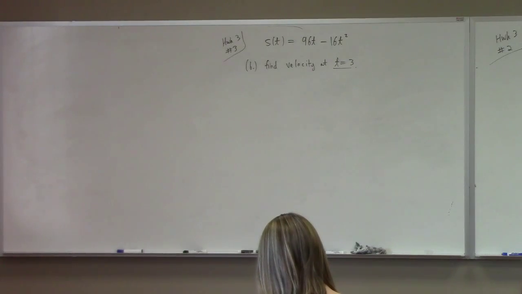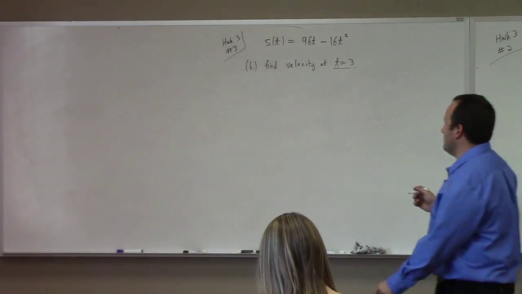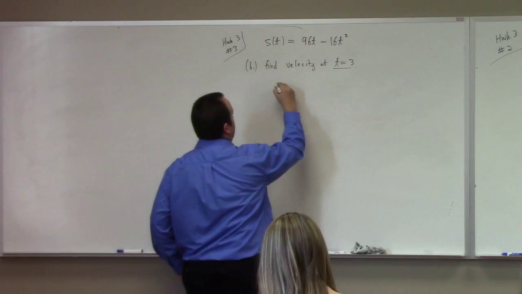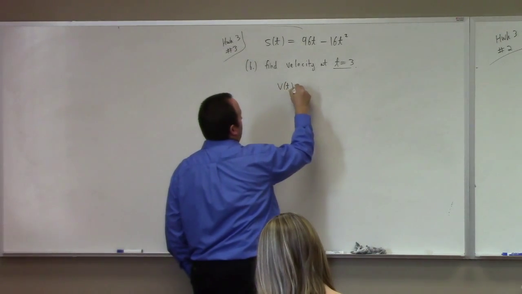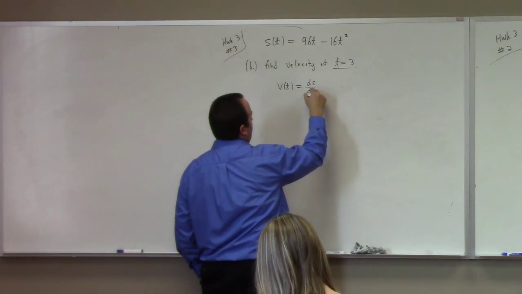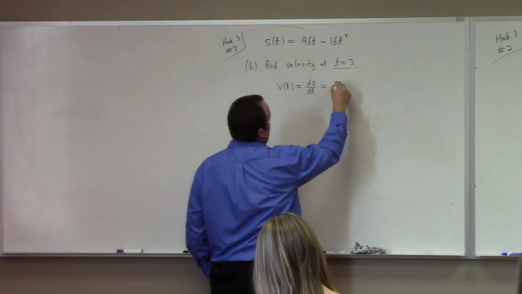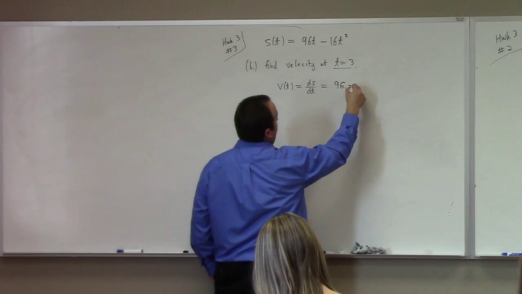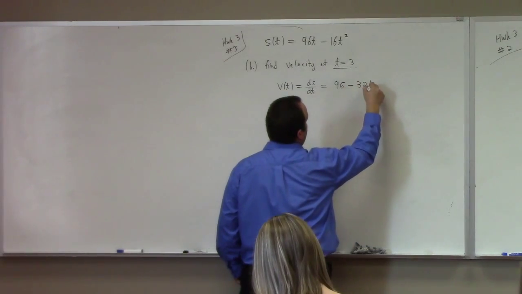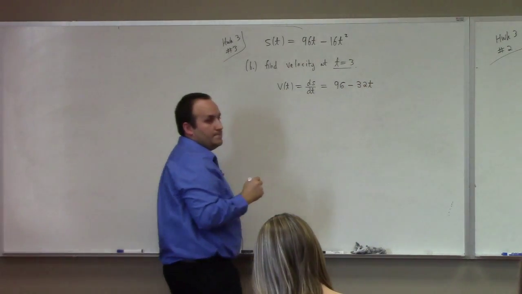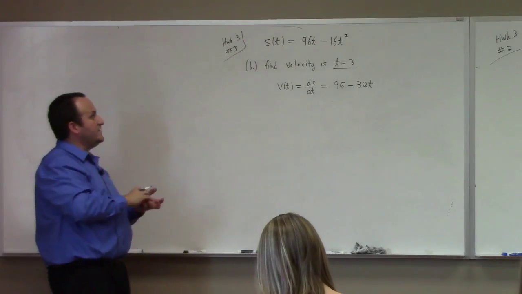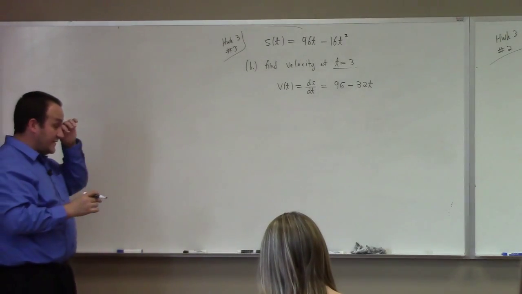So how do you do this? Well, v of t is equal to ds dt. What's ds dt? Well, ds dt is, in this problem, 96 minus 32t. I just differentiated 96t minus 16t squared.